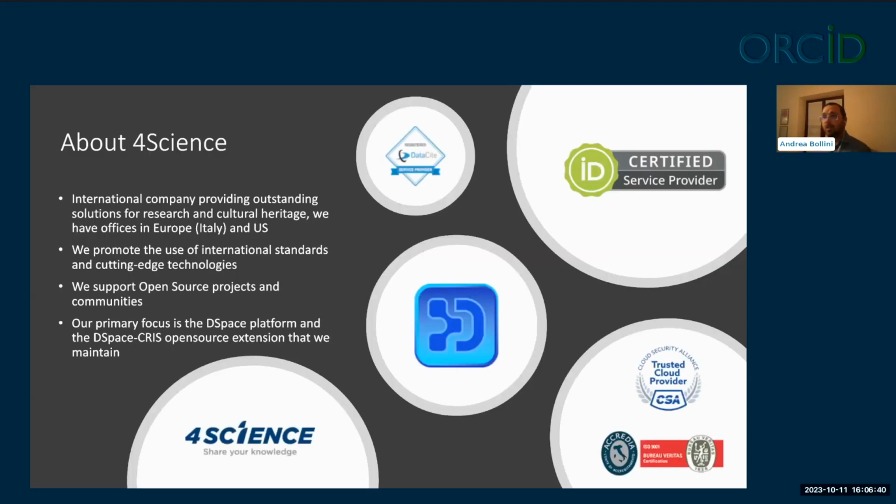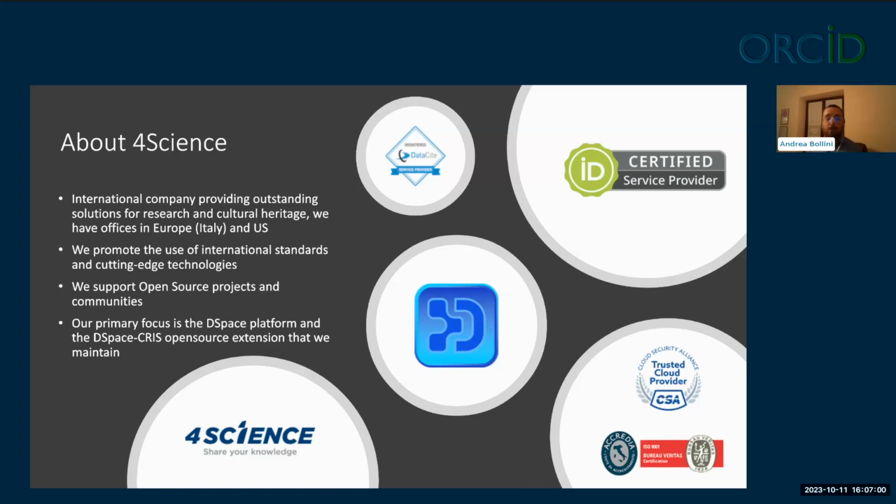So let me introduce my company, 4science. 4science is an international company that provides solutions for research and cultural heritage. We have offices in several locations in Italy and in the US, in Missouri.